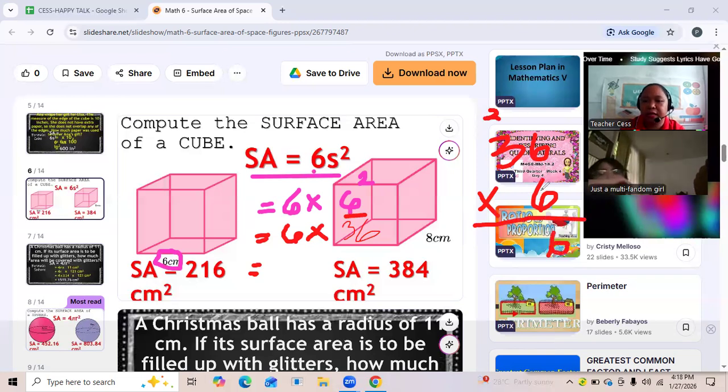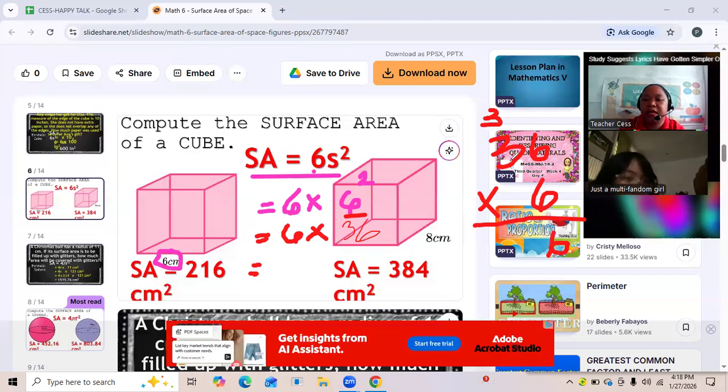Then 6 times 3 is 18 plus 3, so that is 21. So the answer is 216 centimeters squared. So that is the total surface area of a cube having a 6 centimeter side. You got it?